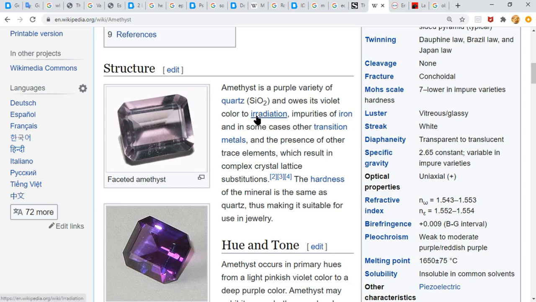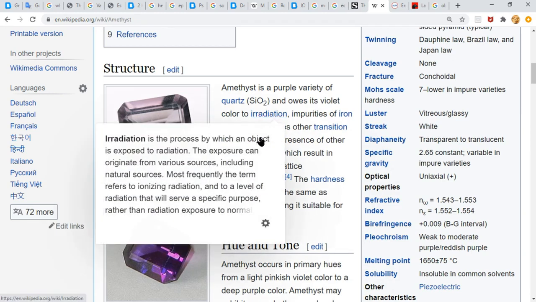And so it's caused by the radiation iron in the stone. So radiation comes from the sun. Exposure originates from various sources, including natural, the sun. Most frequently refers to ionizing radiation.